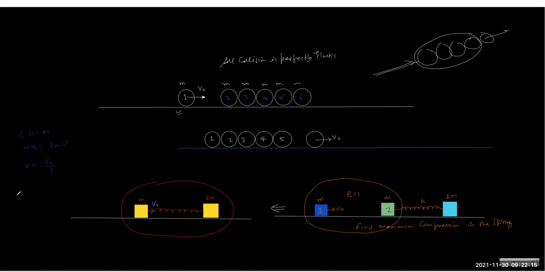Then you write the energy conservation: half m v naught square equals half 3m v square plus half k x max square. After solving, you get the answer, if you remember the shortcut I gave you, under root of reduced mass by k into u relative. The reduced mass is 2m by 3.